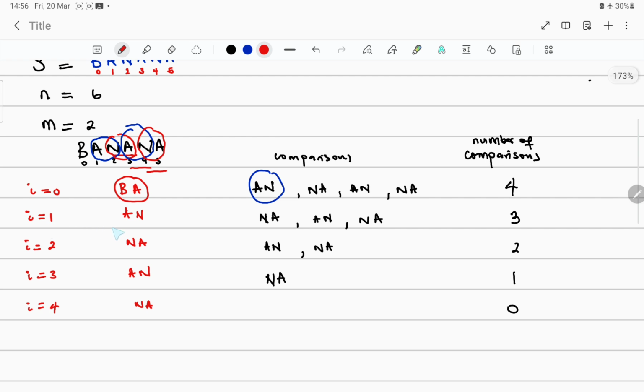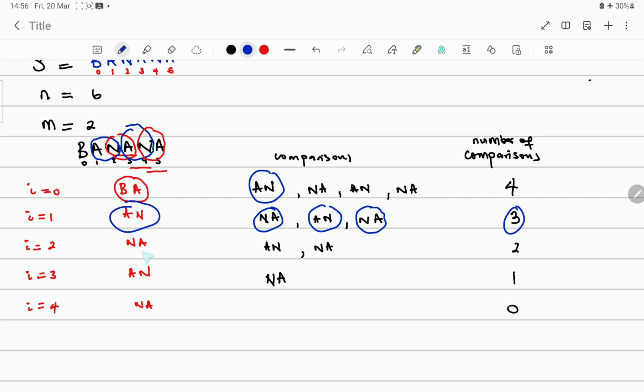And for i equals 1, we have AN. Sorry, we are comparing AN with NA, AN, and NA, which are 3 comparisons.